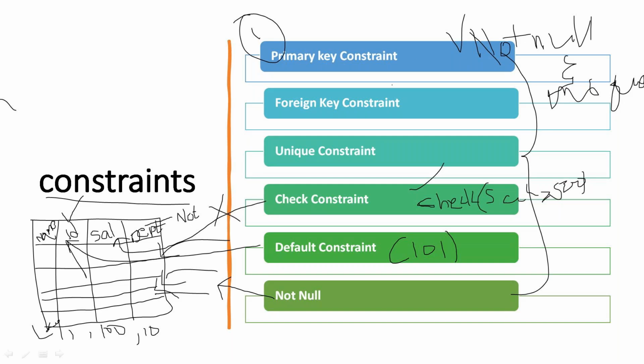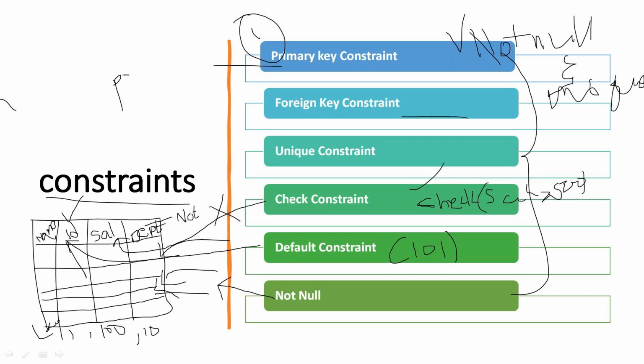It's a combination of not null and unique. At the same time, only one primary key we can have for a table. Whatever table has a primary key is also known as the parent table. Remember this point. What table? Parent table.